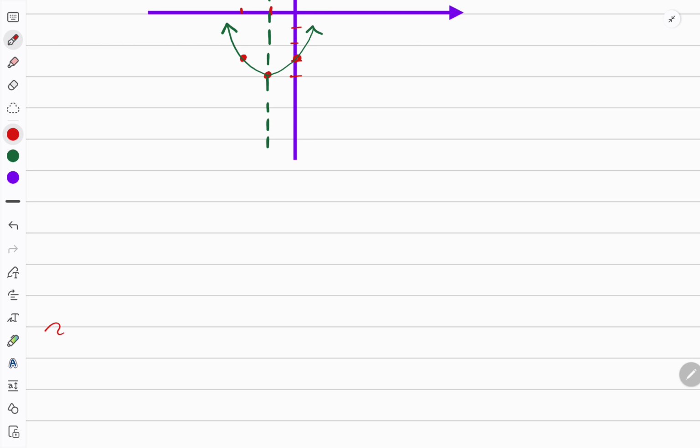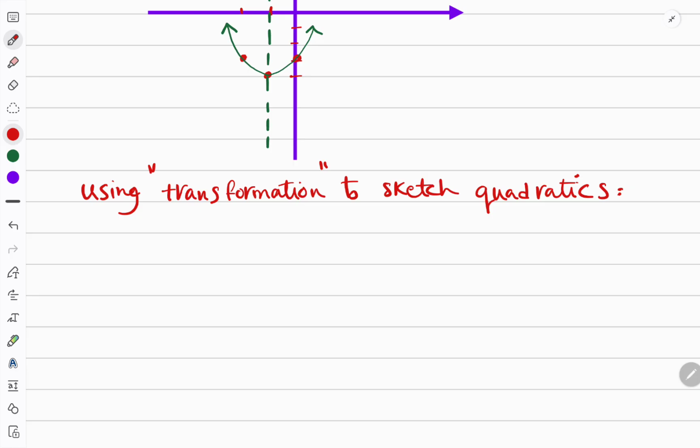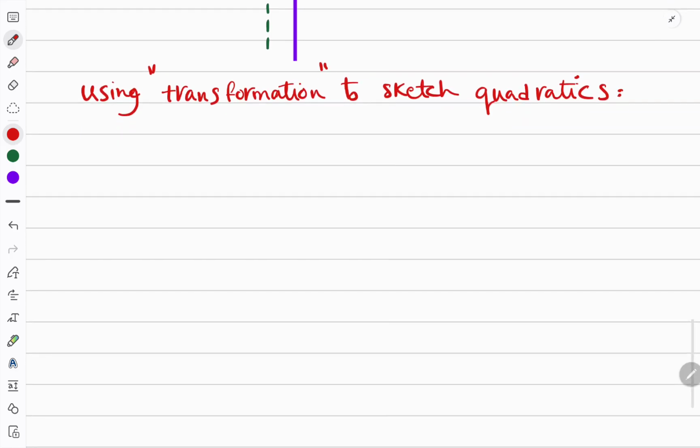So, using transformation to sketch quadratics. Okay. First one. Graphs of the form y equals x squared plus k, where k is a constant, have exactly the same shape as the graph of y equals x squared.